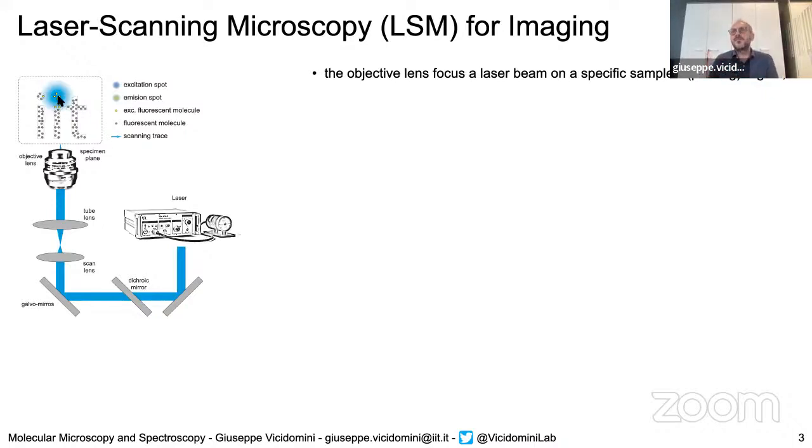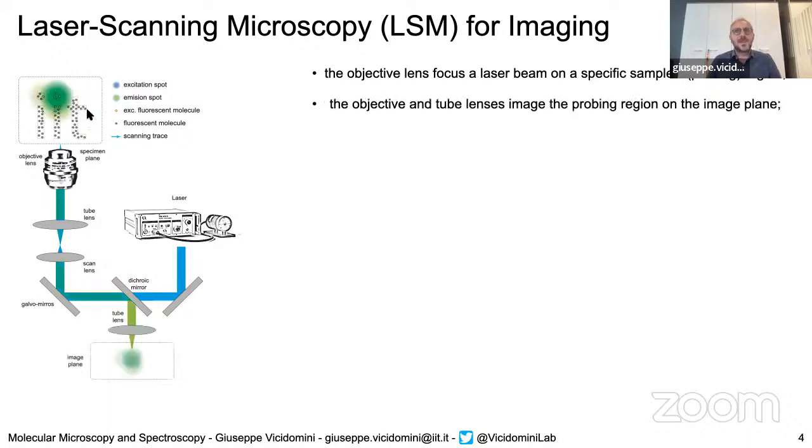All the molecules, all the fluorophores that are in this region are excited, and then they start to emit light. This light is collected by the same objective lens, and then through a series of lenses, a dichroic mirror and other optical elements, is projected into the image plane of the microscope.